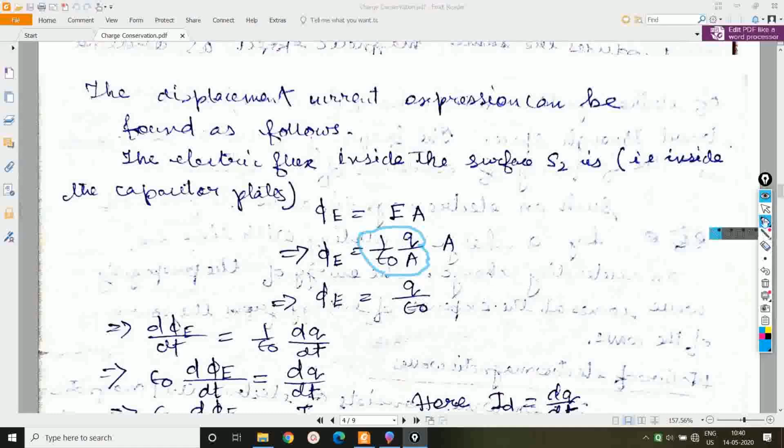And as I told you, the electric field inside the capacitor plate is changing with time, so is the electric flux. So you take the differentiation d phi dt, then it will be 1 by epsilon 0 dq dt.